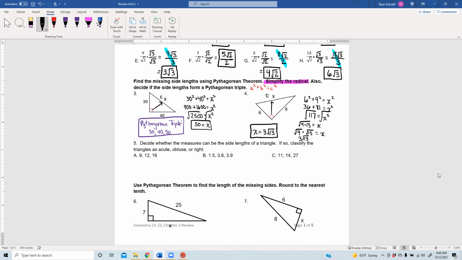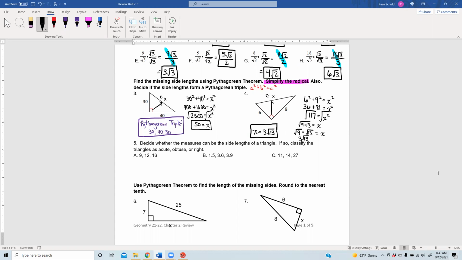And that's as simplified as we can get. Okay, this is not a Pythagorean triple because they're not all whole numbers.